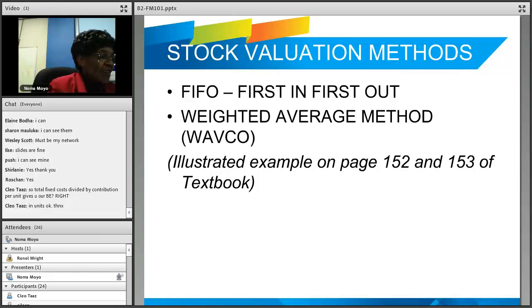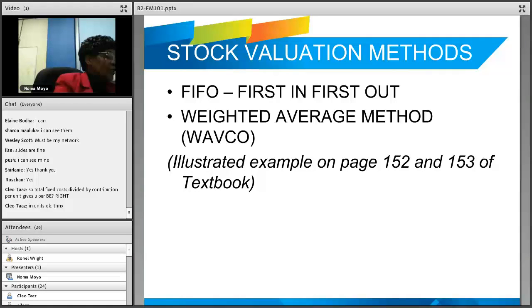Weighted average, what it does is it adds. For instance, on the first we had 100, on the third we had 60. We start off on the first with 100 at 10, which was 1,000. On the third, we issued 40, from which we remained with 60. On the fourth, we had 160 at 12, which means now we add 160 plus 60, it becomes 220.